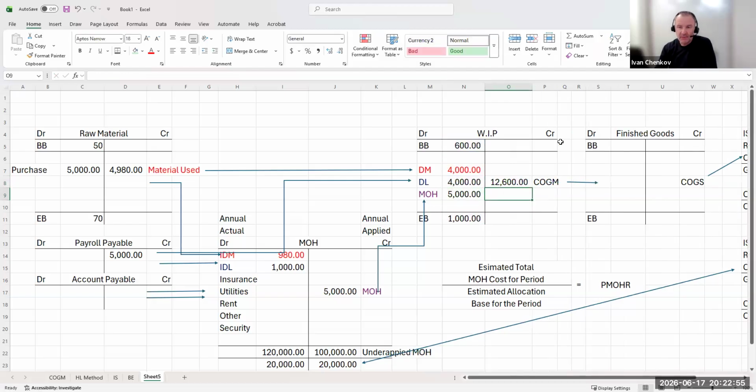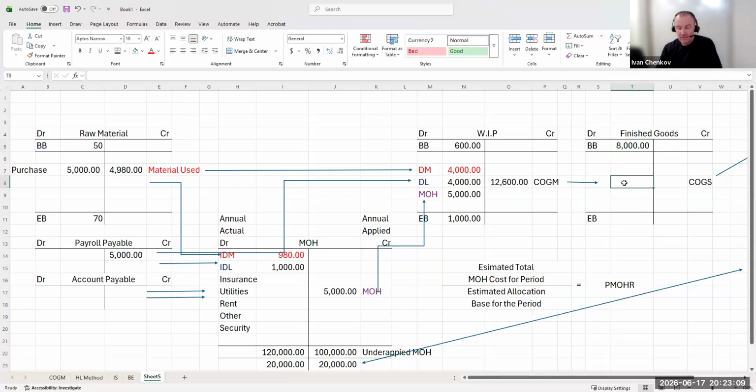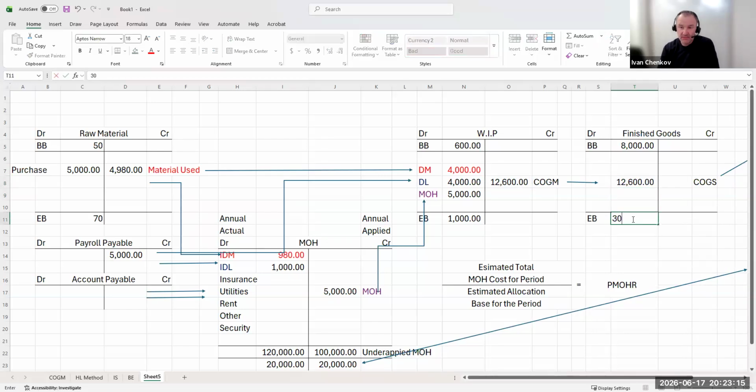We're going to get that number. That's going to flow to the next account, which is finished goods, starting with a balance of 8,000. We're going to transfer 12,600. Ending balance will be 3,000.